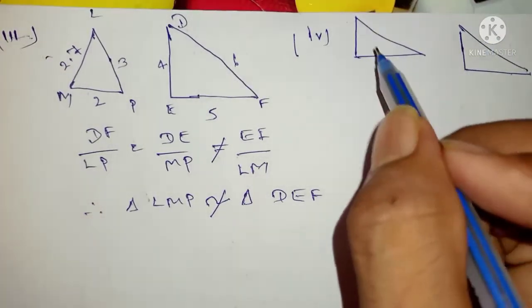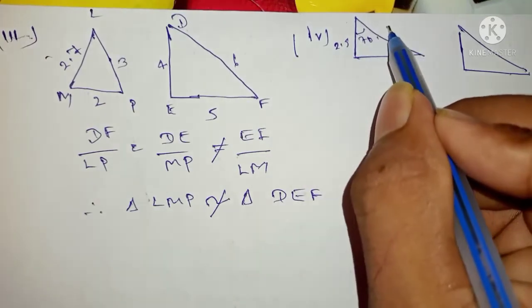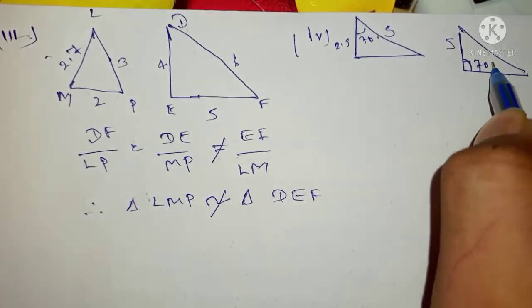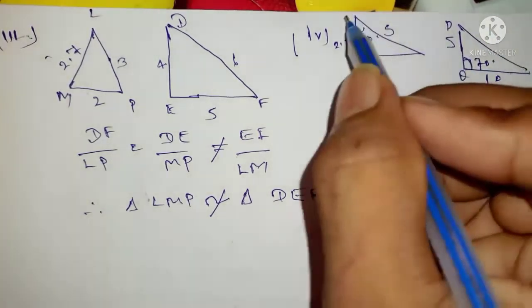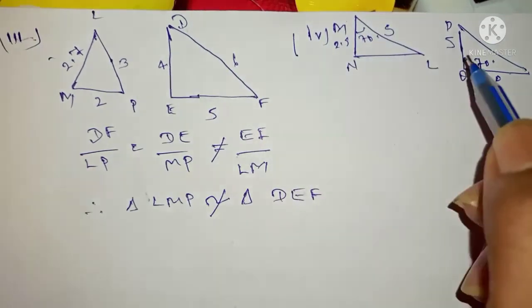Here 2.5, here 70 degree, and here 5. Here 5, again 70 degree, and here 10. R, P, Q, R, M, N, L.